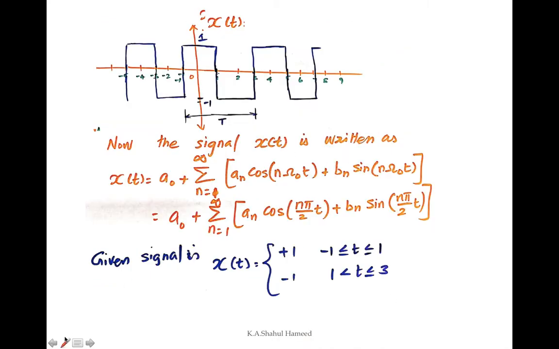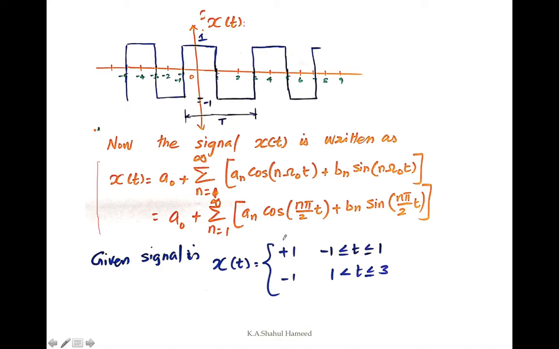So first of all, you will see the formulas to find a n, b n, a naught. So this is the x of t equation, that is the trigonometric Fourier series equation. x of t is equal to this, we have discussed.